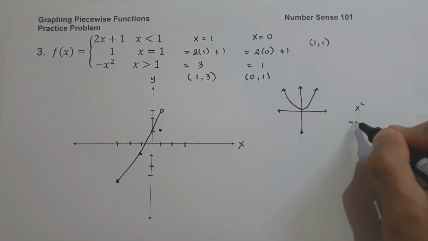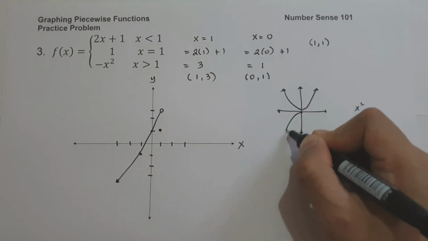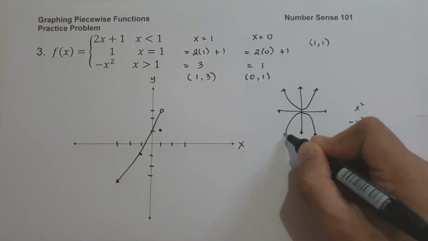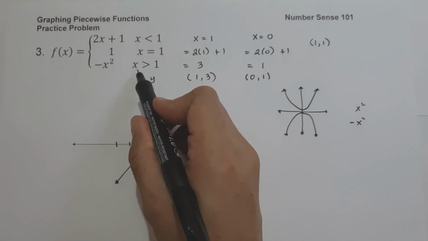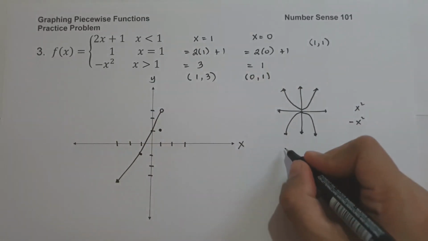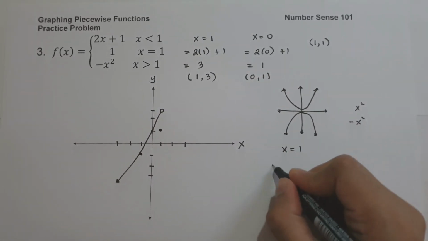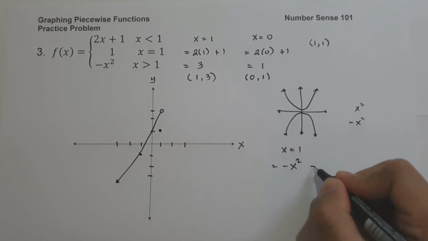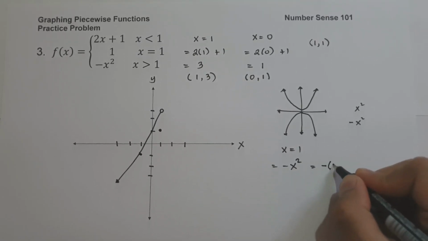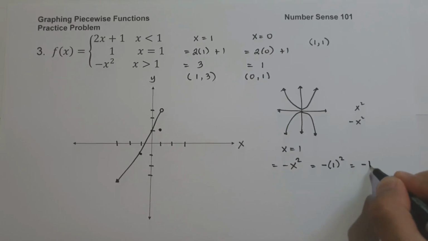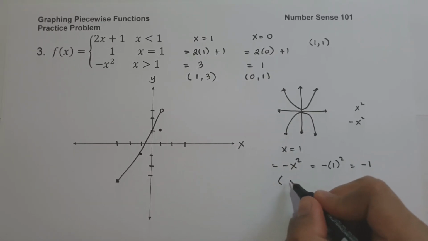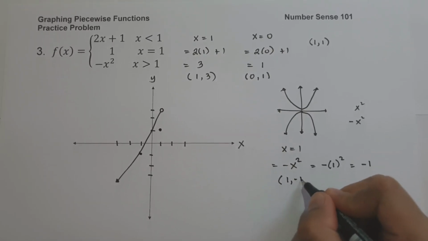And let's say we have negative x squared, this will open downward. Since the value of x is greater than 1, let's say x is 1, this will be negative x squared, and we are going to have negative 1 raised to 2, and this will be negative 1. So we are going to have 1, comma negative 1.